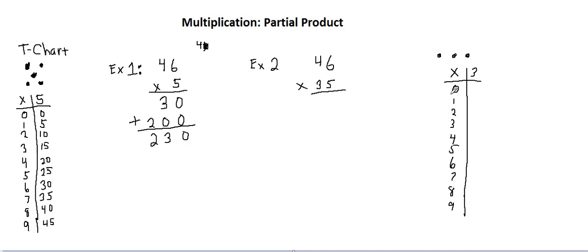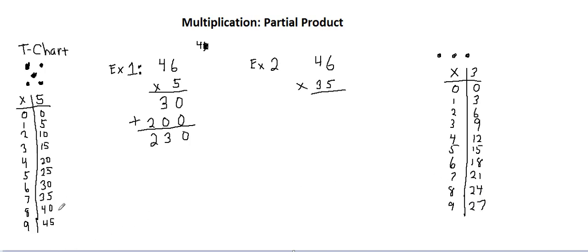Just extend that down a little bit. 3 times 0, 0. We got 0, 1, 2, 3. 3, 4, 5, 6. 6, 7, 8, 9. Okay. Or we can just know our facts. So 12, 15, 18, 21, 24, 27.